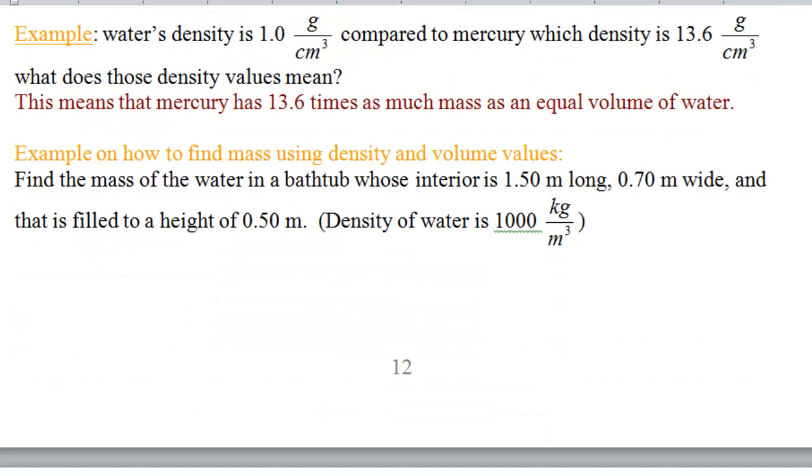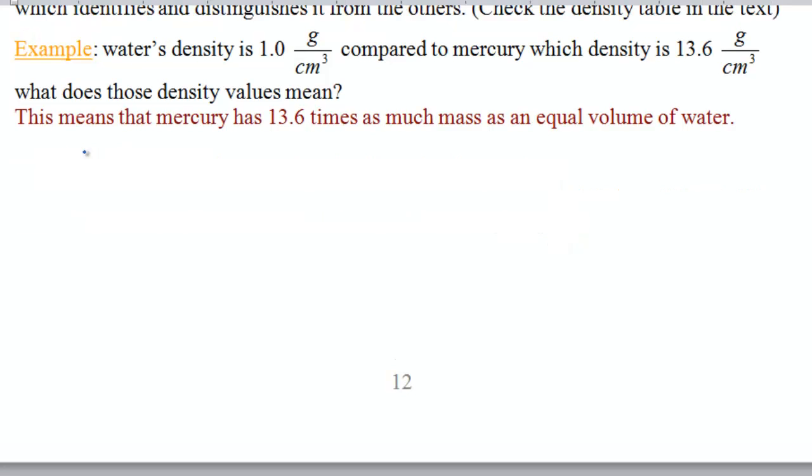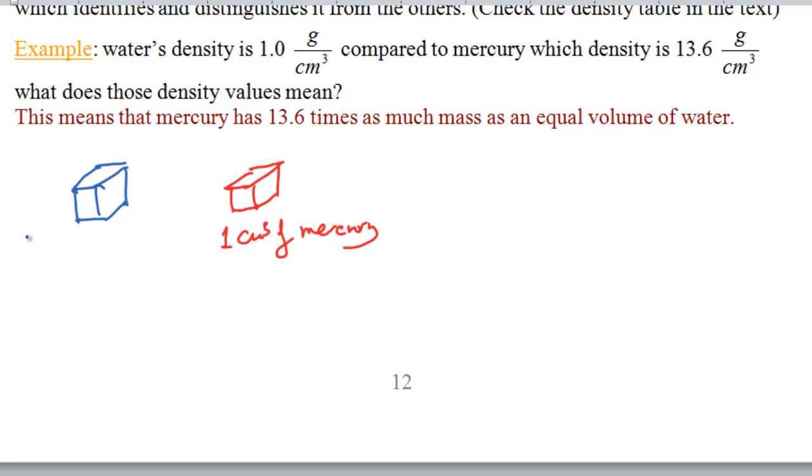Water has density of 1 gram per cubic centimeter, while mercury has density of 13.6 gram per cubic centimeter. What does that mean? This simply means if you have 1 cubic centimeter of water, and then here you have 1 cubic centimeter of mercury, the mass of 1 cubic centimeter of mercury will be how much?